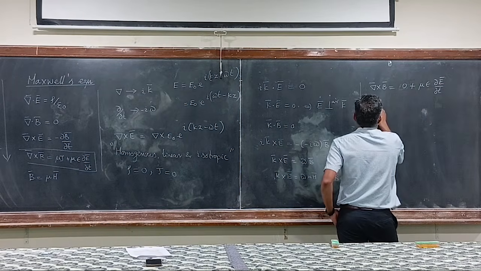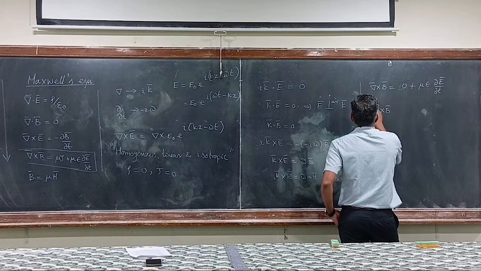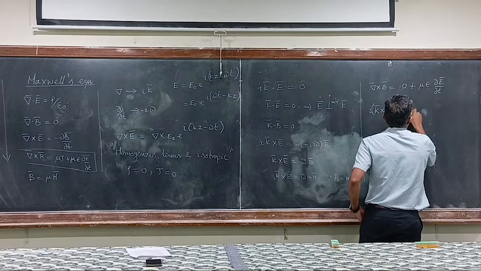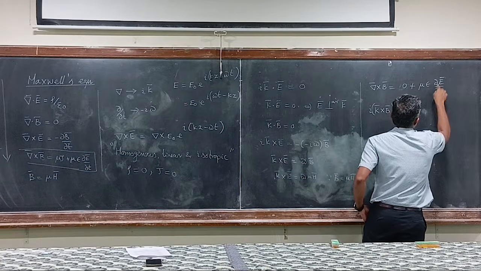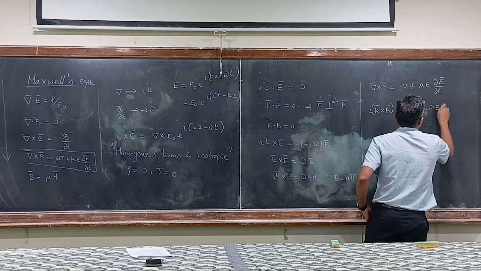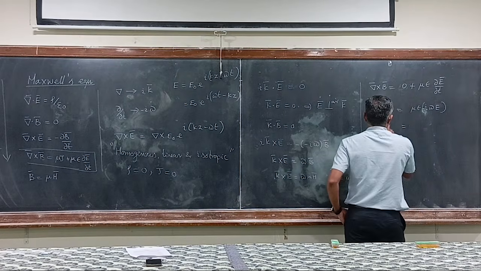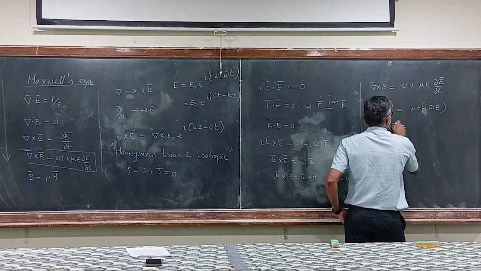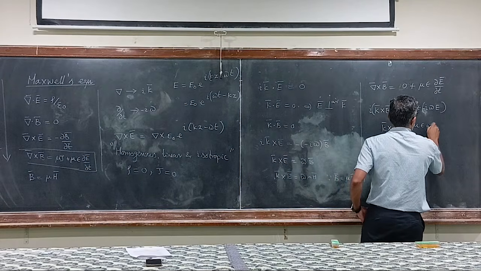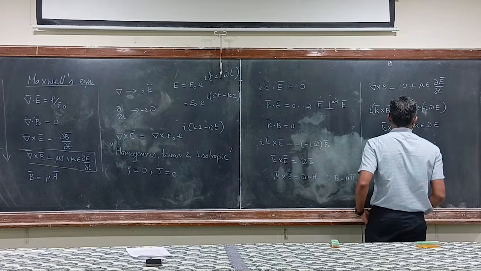And this, let's say, i times k vector cross B vector will be equal to mu epsilon times minus i omega times E. So the i gets cancelled out, and your k cross B will be equal to mu epsilon omega with a minus sign and then E.